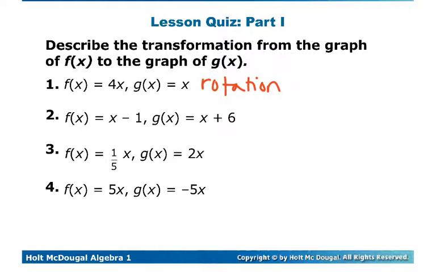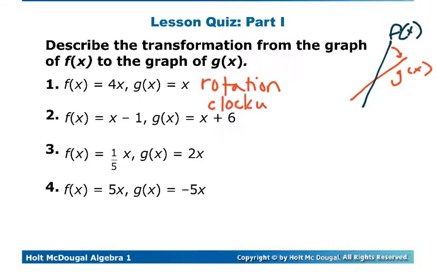If you can imagine the graph of f of x to g of x. Okay, so f of x is actually going to be this one here, and g of x would be this one here. And so we're rotating clockwise. And we're going to want to say it's on 0, 0, because it would have been at that axis.